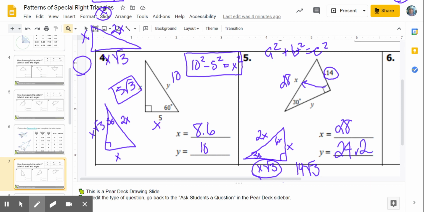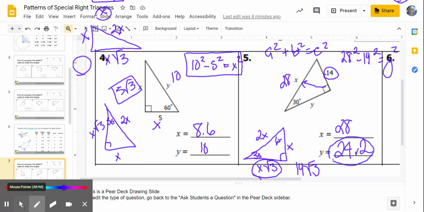Love it, William. If you did Pythagorean theorem, you would have to do the 28 squared minus the 14 squared equals y squared. And you should get the same thing. It is 24.2. Let me see if I can make that more clear.